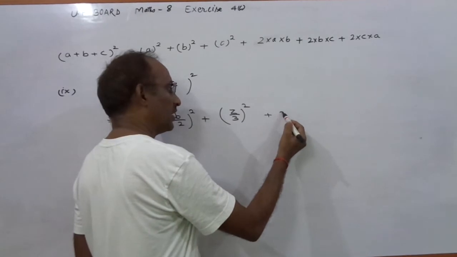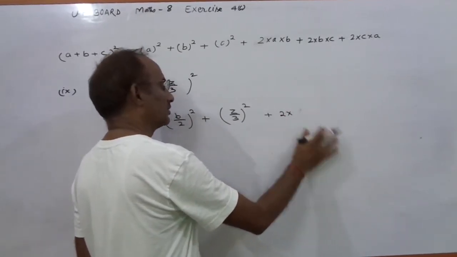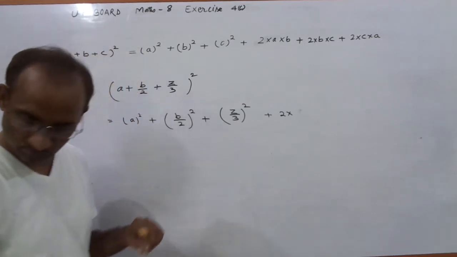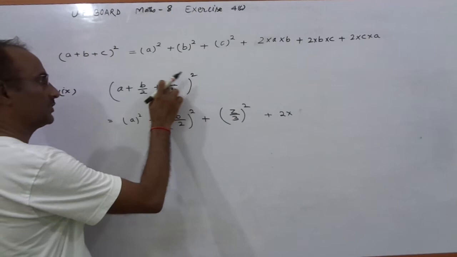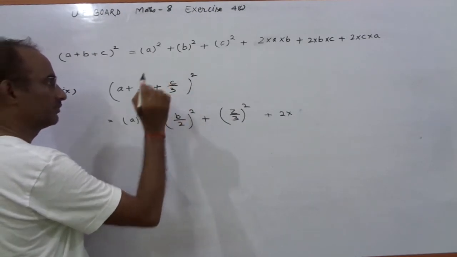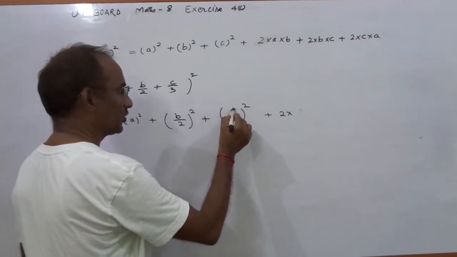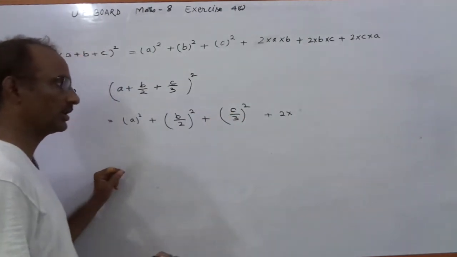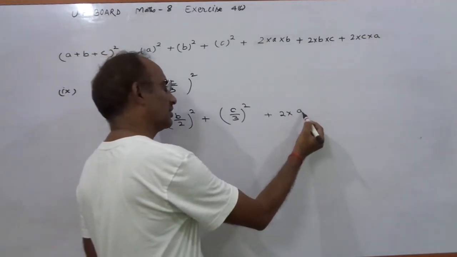And then we have to write 2 into, here we have c upon 3. So we take c upon 3 whole square, twice into a.